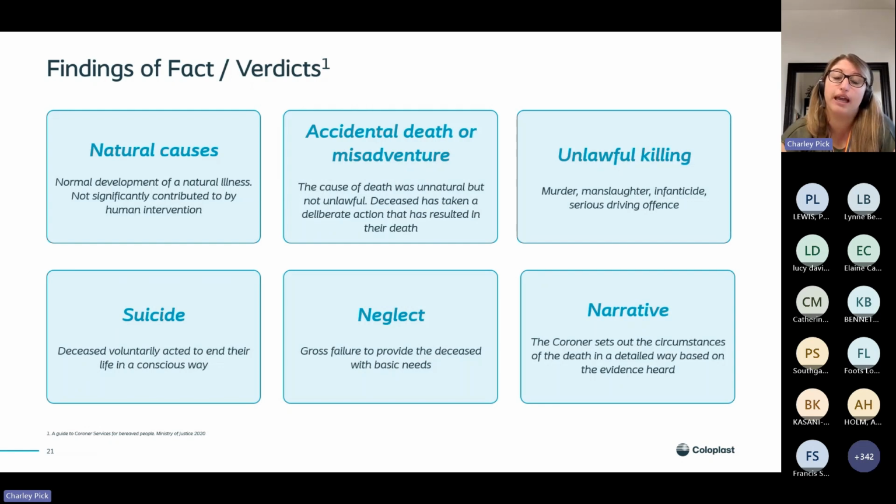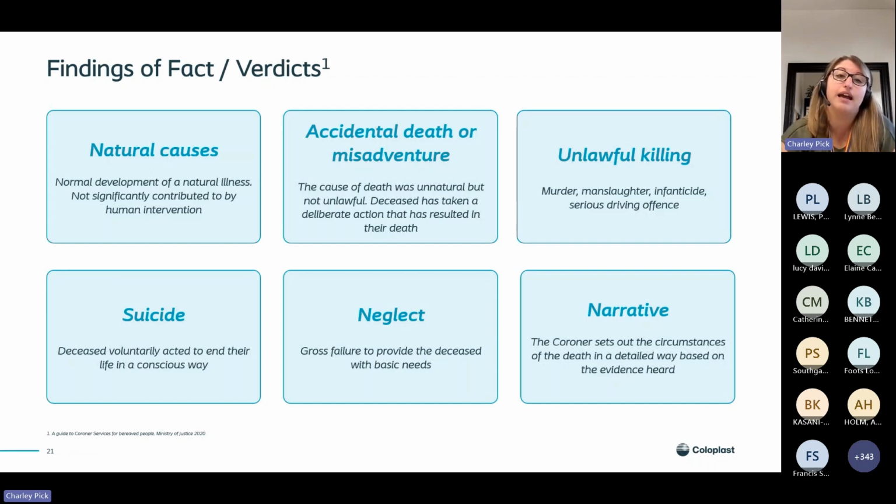There is unlawful killing, so this is your murder, your manslaughter, your infanticide, and serious driving offences. There is suicide, so this is when the deceased voluntarily acts to end their own life in a conscious way. There is neglect, so this is a gross failure to provide the deceased with their basic needs.